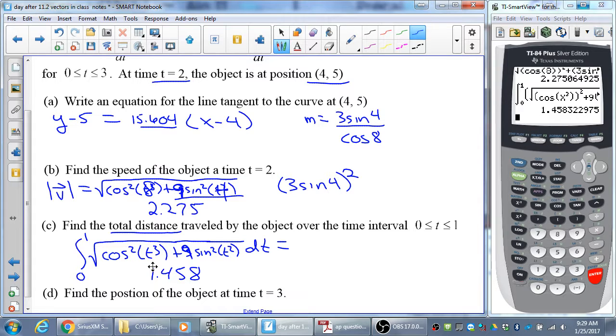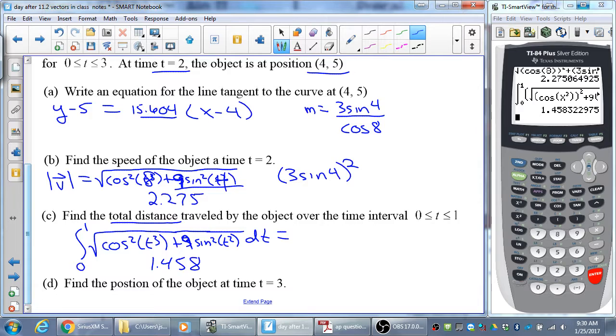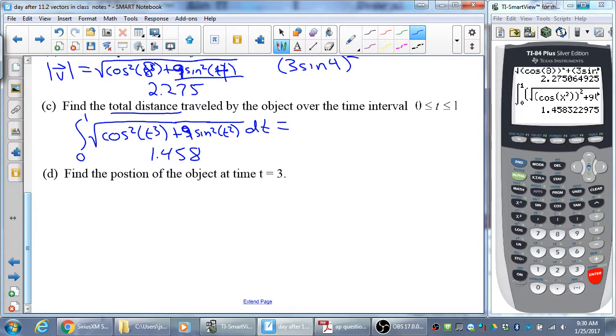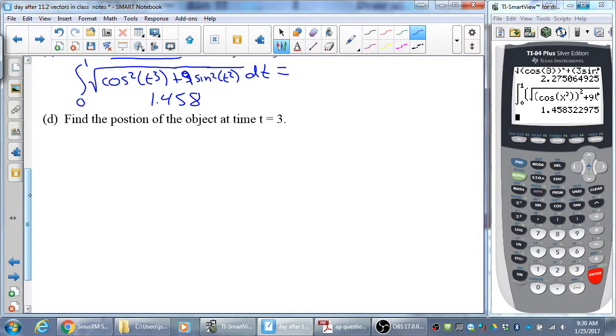And last, it says, find the position of the object at time t equals 3. We know that when t equals 2, we're at 4, 5. So the position is going to be 4 plus the integral from 2 to 3 of the x, which is cosine of t to the third dt.